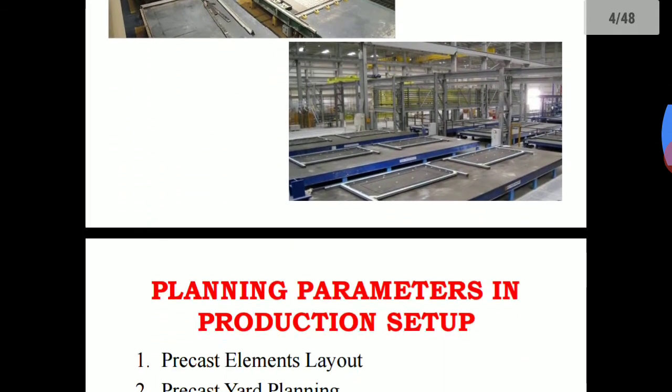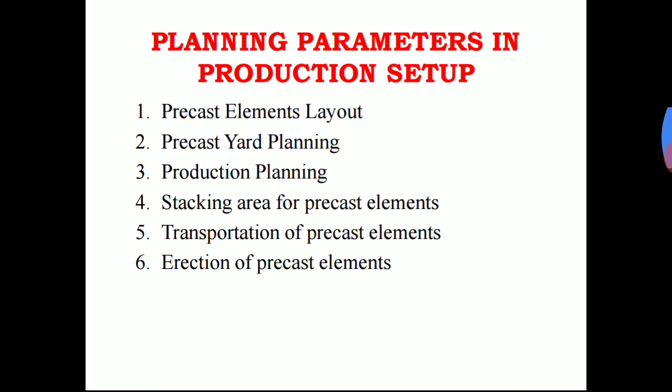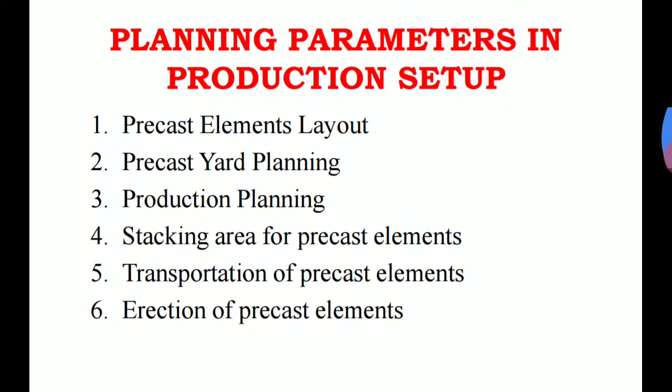Okay, and here are the planning parameters used in the production setup. So how exactly can we plan such that no obstacle is faced from the start till the end of this prefabrication system? We need to plan in such a way that whatever activities come under the production setup of this prefabrication go in a smooth way.